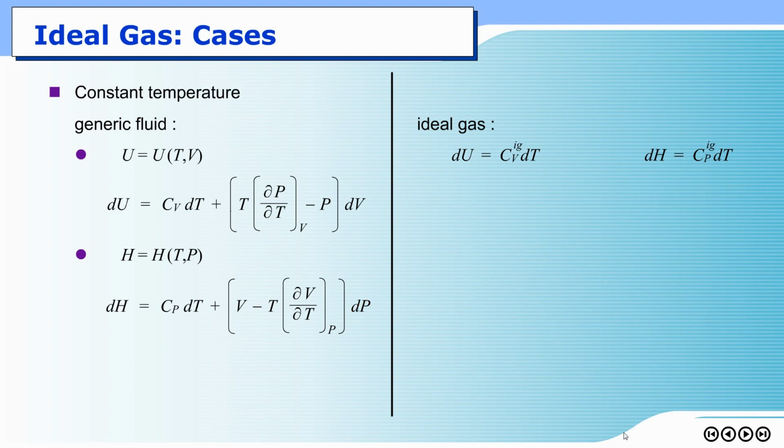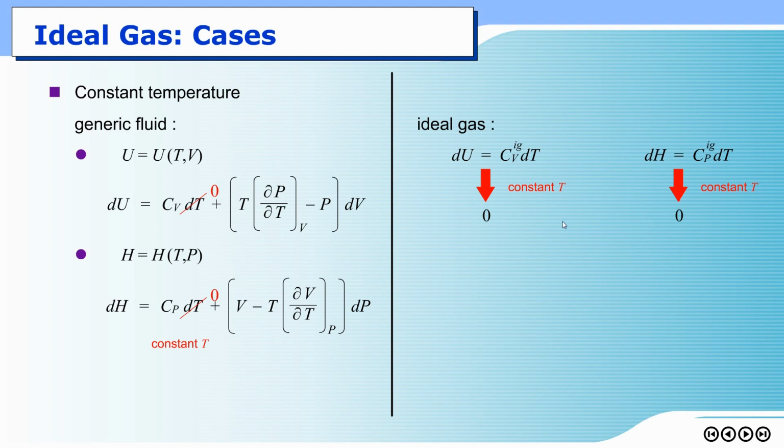The third case would be the process that undergoes constant temperature. In this case, these two dT would become 0, leaving only these two terms. For the ideal gas assumption, when dT becomes 0, you end up with dU equal to 0 and dH equal to 0.